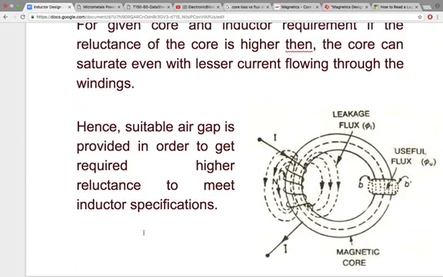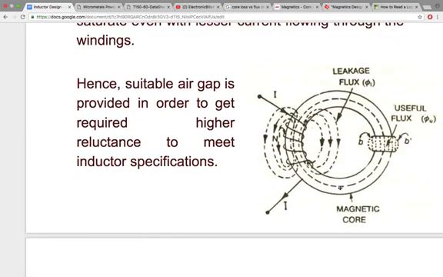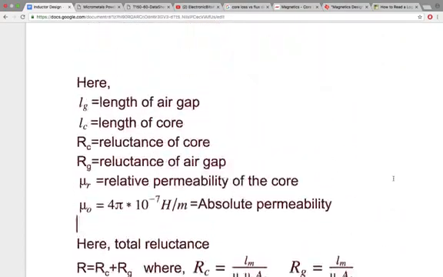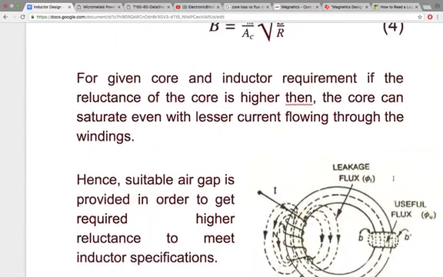As we know that the reluctance is the place where the magnetic energy gets stored, all the energy in that case will be stored in the air gap. So this is what happens if we introduce the air gap.